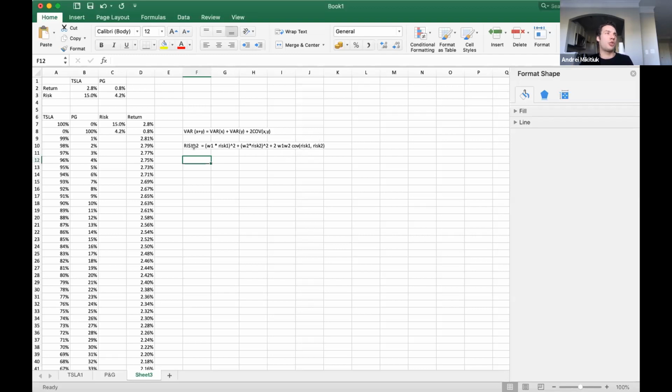It's fairly easy to show that it is really the case, just from the definition of standard deviation and variance. But I hope it makes intuitive sense: it is basically both risks in those proportions plus this part that defines the covariance.